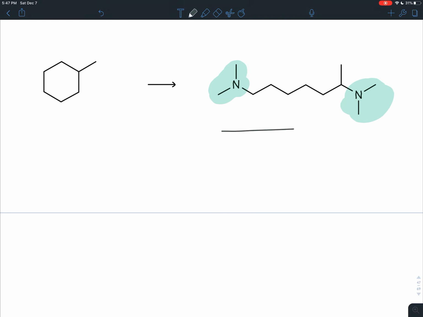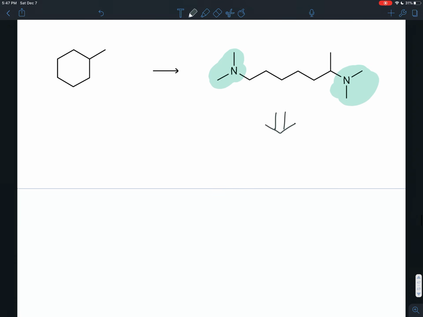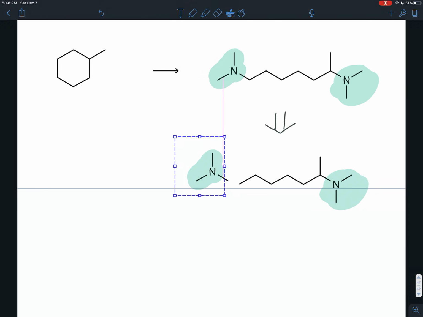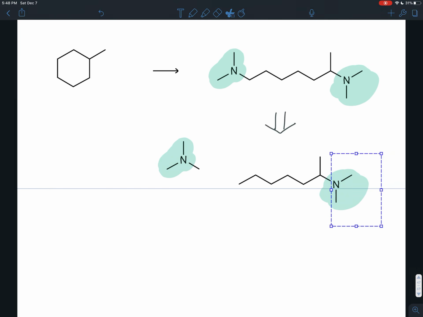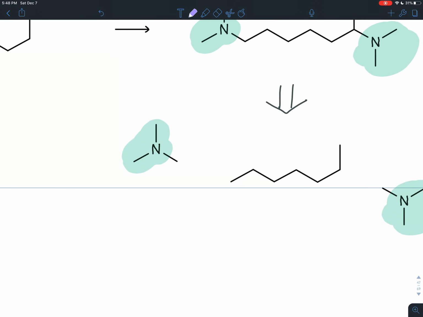So you could say, I could make this molecule if I had, and you draw the retrosynthetic arrow, and you would copy the same molecule, but where you have the amines, you would separate them, so remove the amines off of the molecule, and where they were, you would introduce carbonyls. So you could have, for example, a carbonyl here, and you would have a carbonyl here.